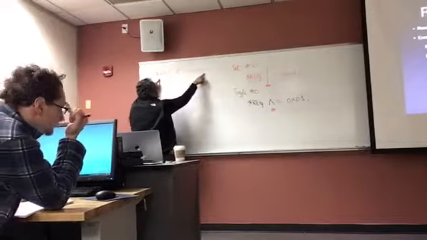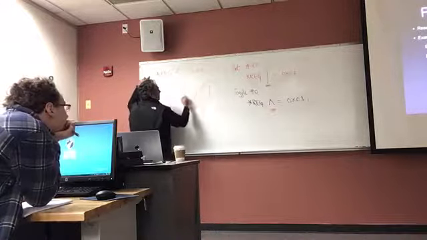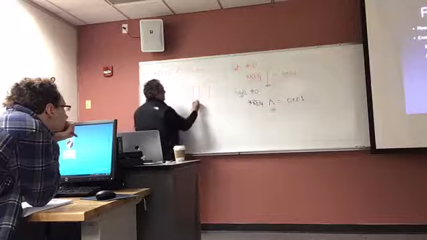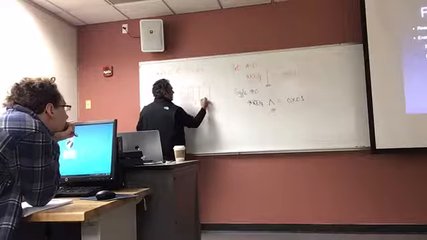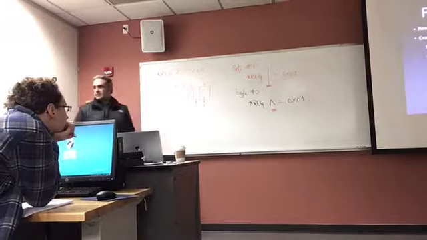This AND 3 is going to simply block this out. This gets masked. And I'm going to be looking at this bit, and I'm going to be looking at that bit, and I'm going to try to figure out what's there.